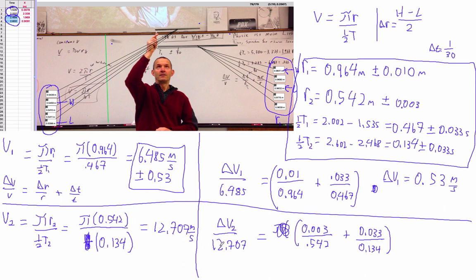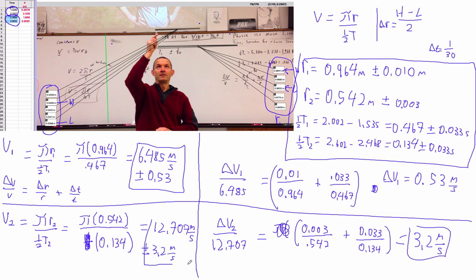So take this number again, the 12.707, and go times, left parenthesis, 0.003 divided by 0.542 plus 0.033 divided by 0.134, right parenthesis. And it's pretty big. This is plus or minus 3.2 meters per second. It's 3.199, so I'm just going to say 3.2, right? So it's plus or minus 3.2 meters per second.